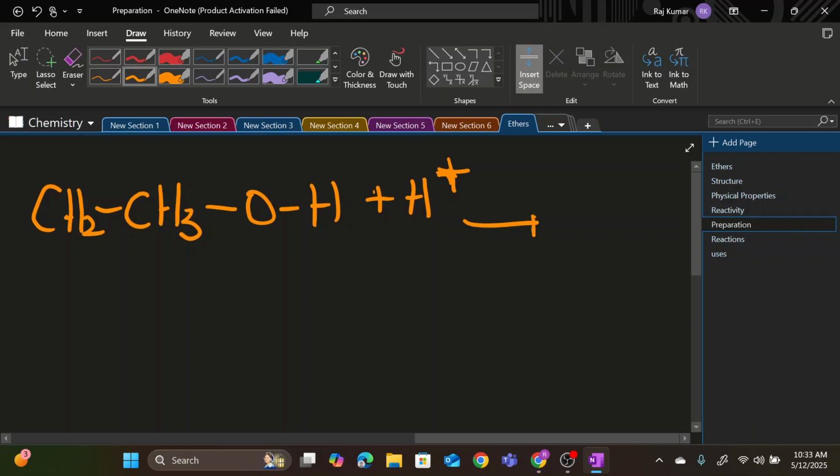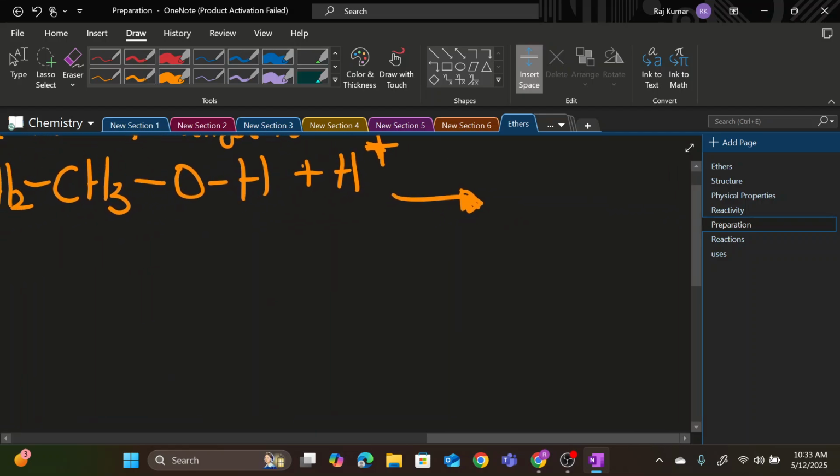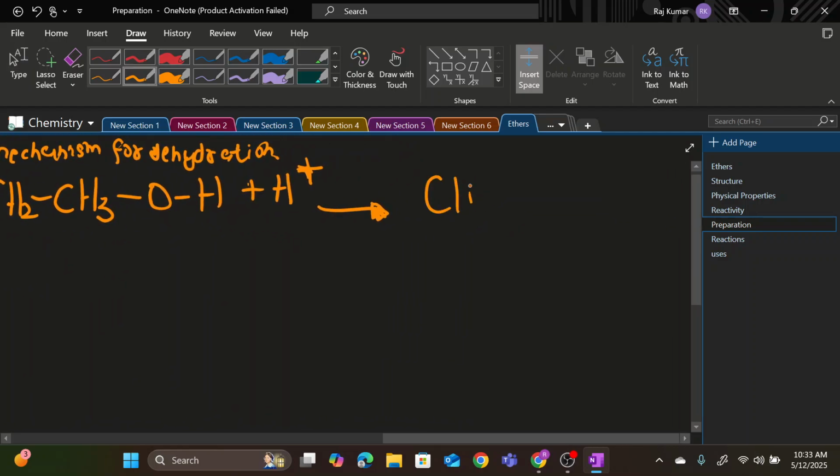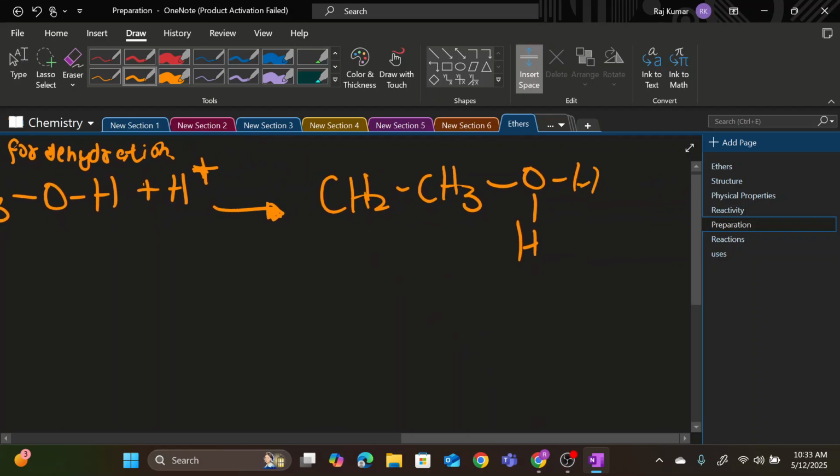This is the mechanism for dehydration. When H2SO4 is ionized, it forms a proton and HSO4 ion. The proton combines with the alcohol and forms an oxonium ion. I am writing here CH3, CH2, oxygen. This is an oxonium ion, with a positive sign.